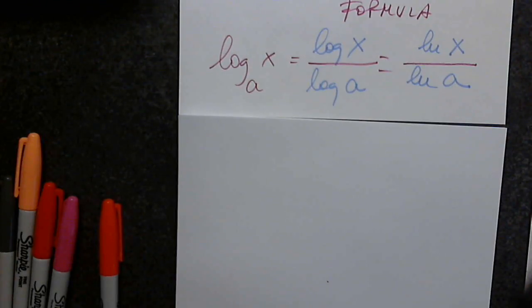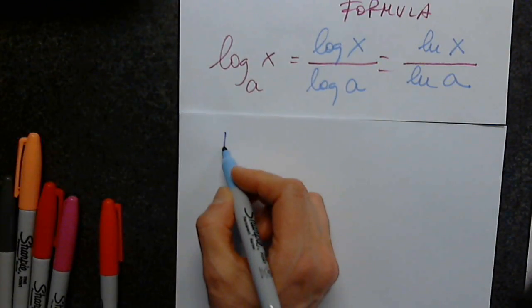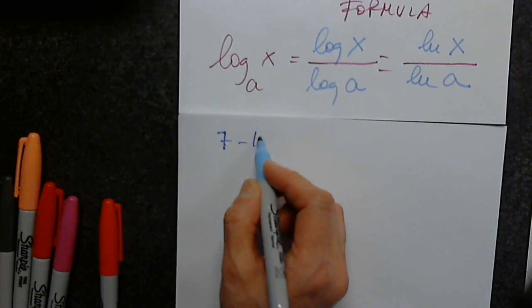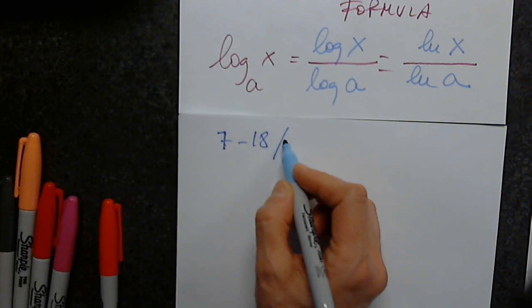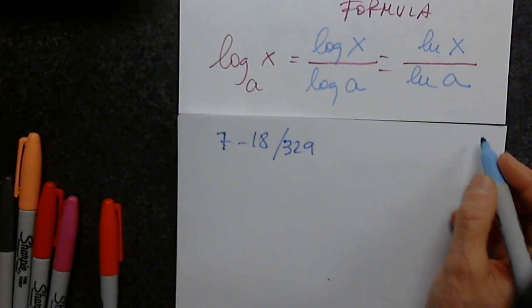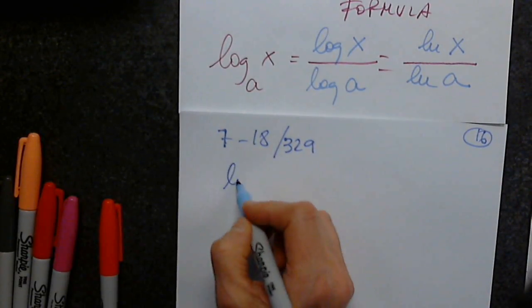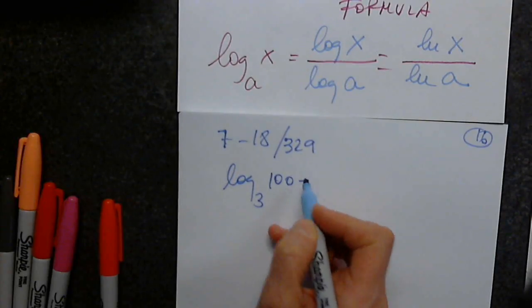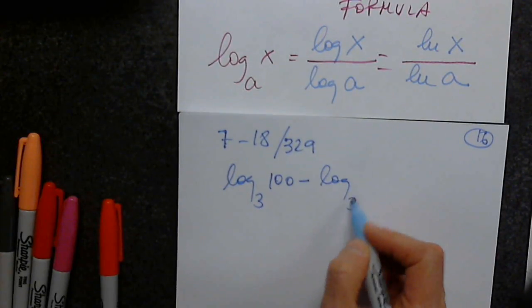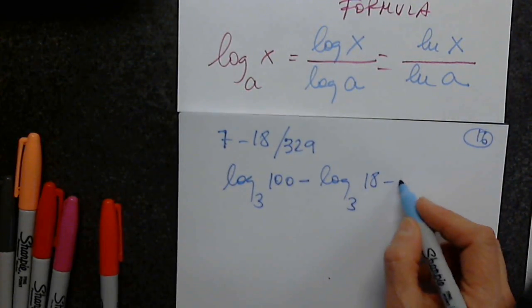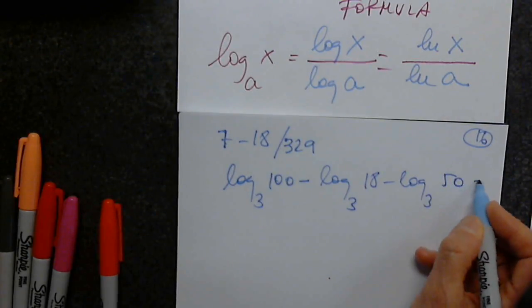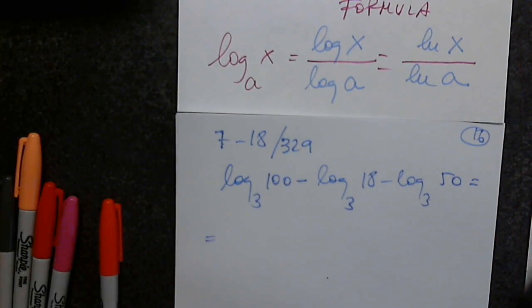So we're on page 329, from 7 through 18 first. 14? Very good. So we have log base 3 of 100 minus log base 3 of 18 minus log base 3 of 50. It's a perfect example.